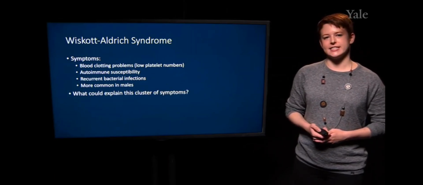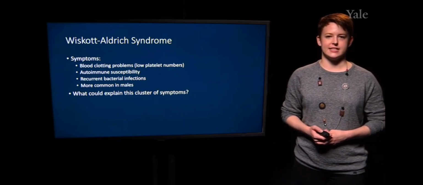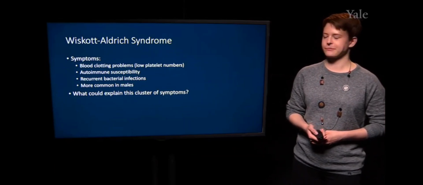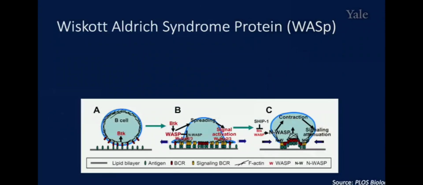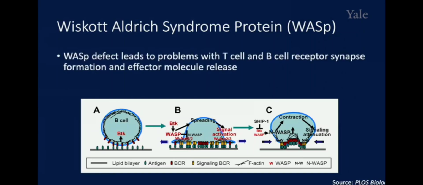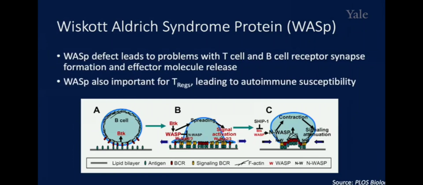Through genetic analysis, scientists have discovered that this disease is caused by a defect in the Wiskott-Aldrich syndrome protein, or WASP. The WASP defect leads to problems with T and B cell synapse formation, as well as Treg development. What WASP does is help control actin polymerization in the cells.